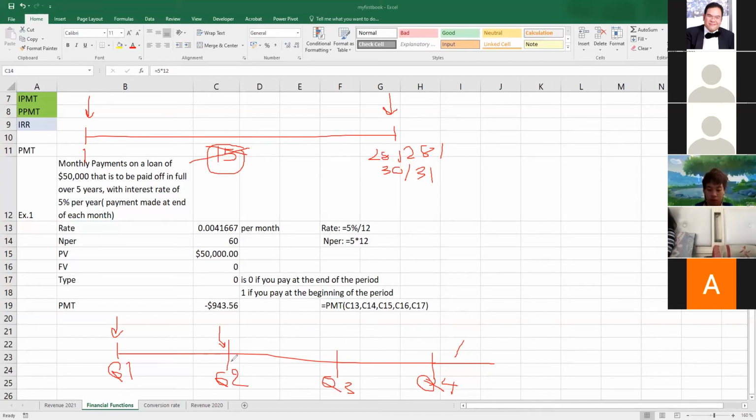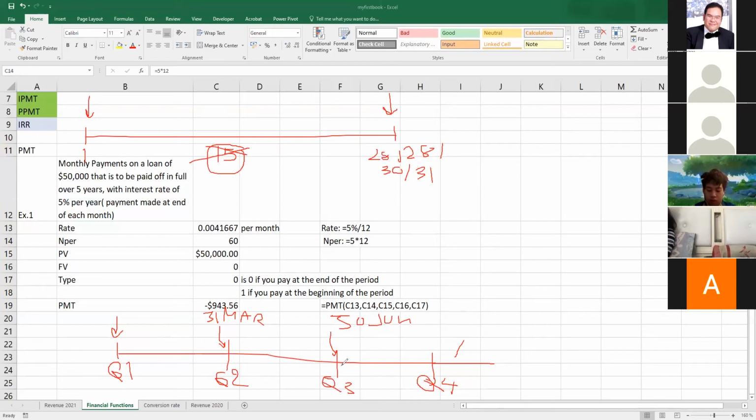For example, if you would like to know which date we pay in a quarter, the first quarter starts from the 1st of January and ends on the 31st of March, and quarter two starts from the 1st of April and ends on the 30th of June, while quarter three starts from the 1st of July and ends on the 30th of September, while the 1st of October until the 31st of December will be the first day and the last day of the quarter.